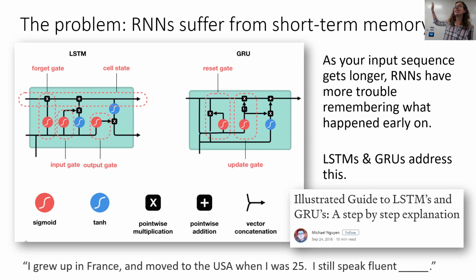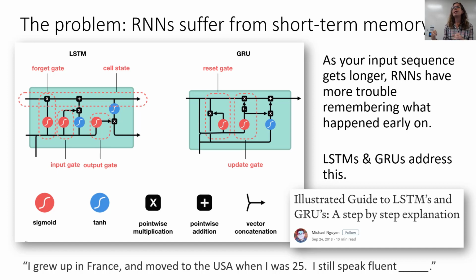You could even have some more sentences, and then you say, I still speak fluent. Do you guys want to guess what the word should be? French, right. And that's something where you need this key piece of information from very early on, and you could have a lot of words, even more words than I've shown in between. And so this can be challenging for RNNs.